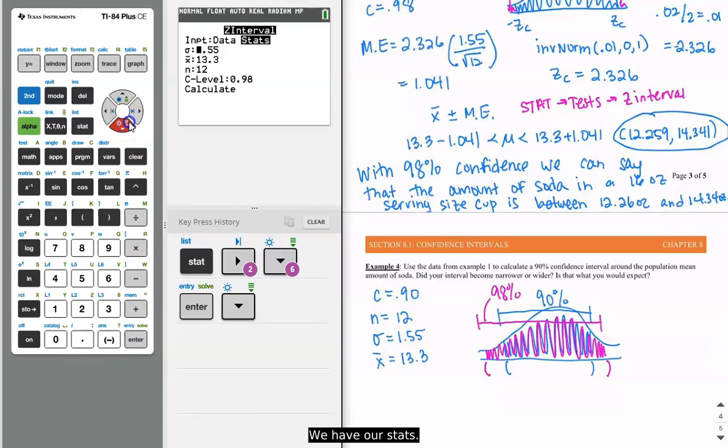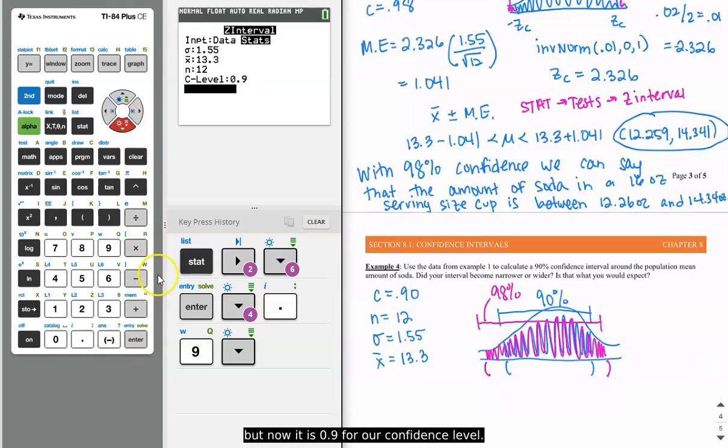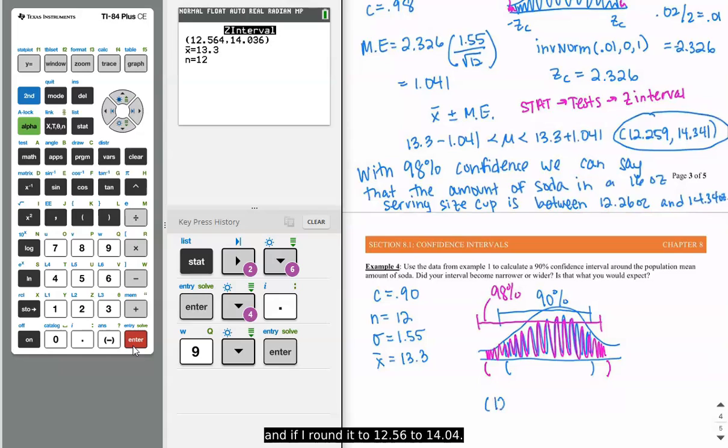And so we have our stats from last time: 1.55 is the standard deviation, 13.3, 12 is the sample size, but now it is 0.9 for our confidence level, and we'll calculate that. So the interval that we have now, if I round it, is 12.56 to 14.04.